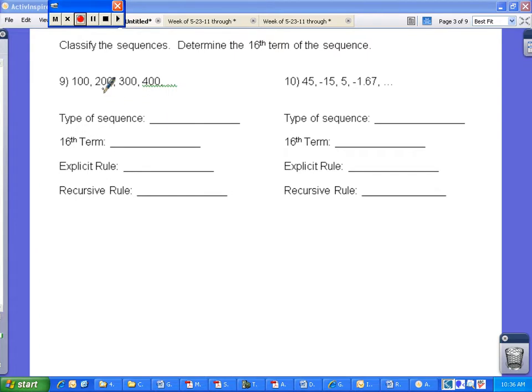Okay, so for number 9, for this one, we're going to add 100 each time. So that means that is your common difference. And then a sub 1, the first term, is 100.